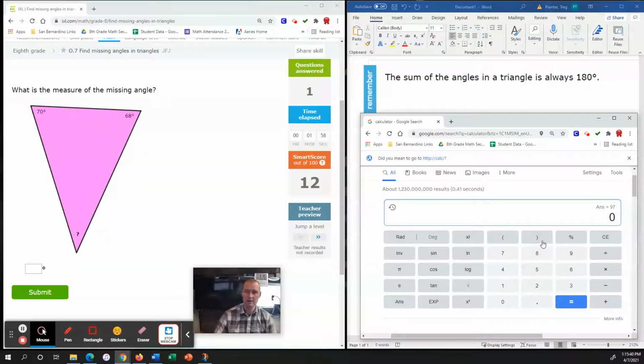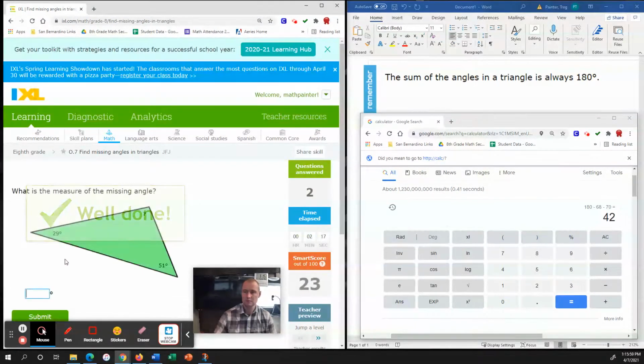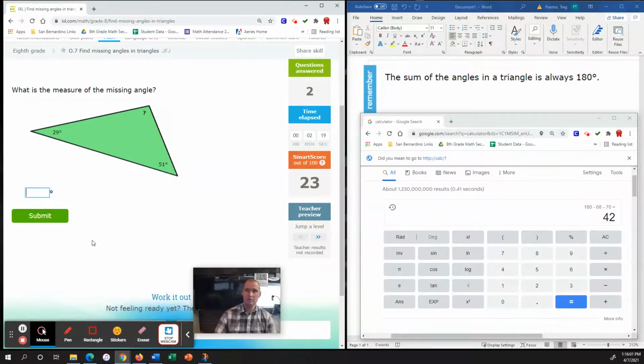We're going to go ahead and reset the calculator. We have 180 degrees inside the whole triangle. Subtract out 68, subtract out 70, and that will give us our missing angle of 42. Next up, what is the measure of the missing angle here?